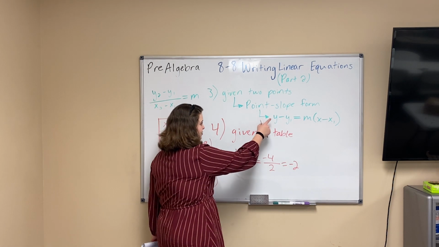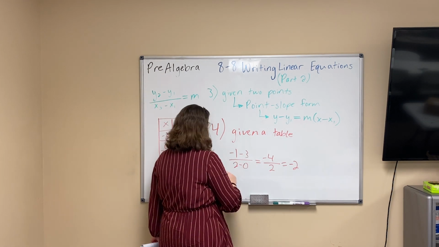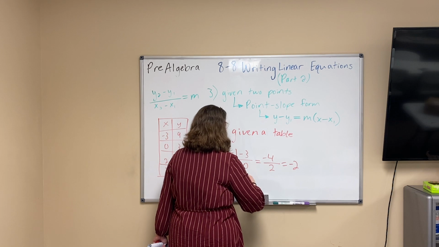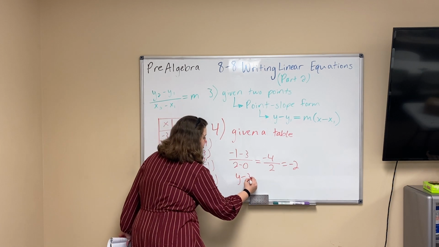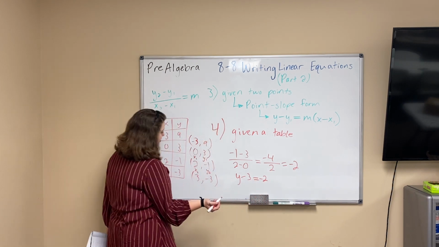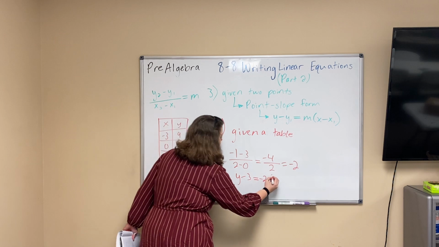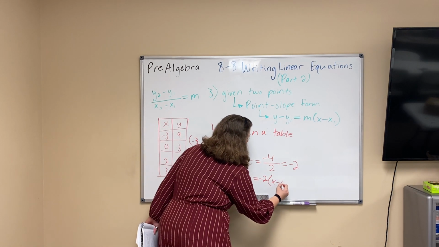And we're going to plug it into our point slope form just like we did in the last step. So in this instance, we're going to have y minus y1, which is 3, equals -2 times x minus x1, which is 0.